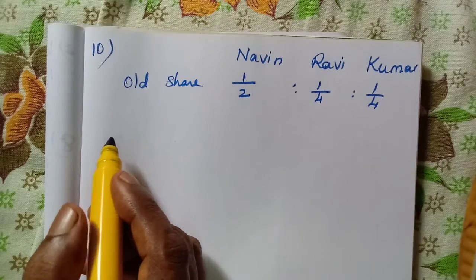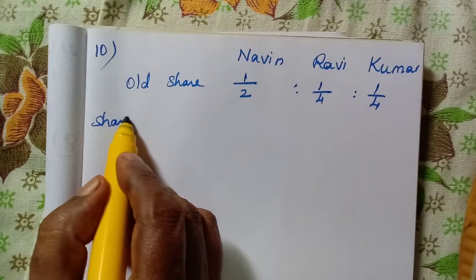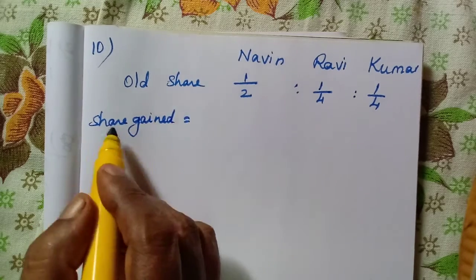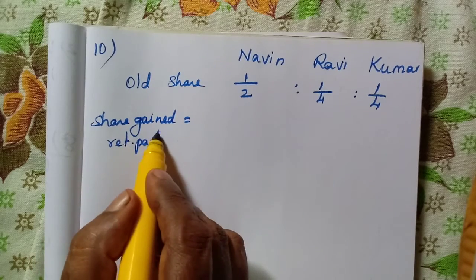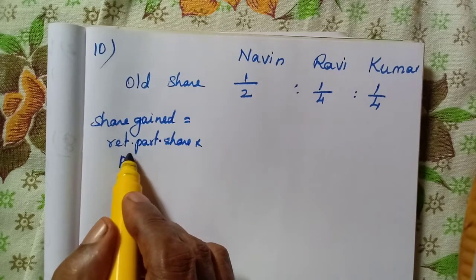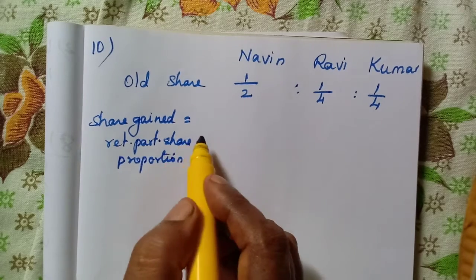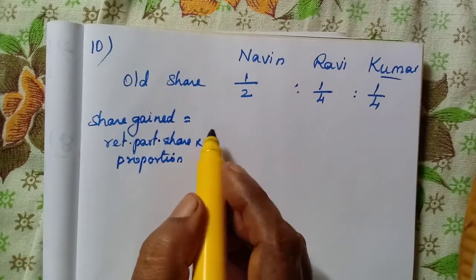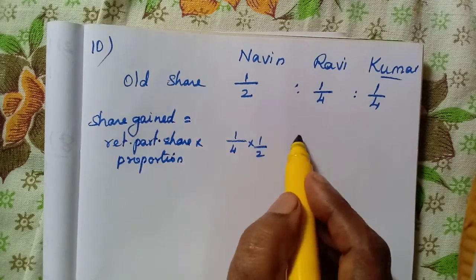Okay, old share. Then share gained. How to calculate? Share gained is equal to retiring partner's share into proportion. Proportion equal, isn't it? What is the retiring partner share? Who is going to retire? Kumar. So 1 by 4 into 1 by 2.